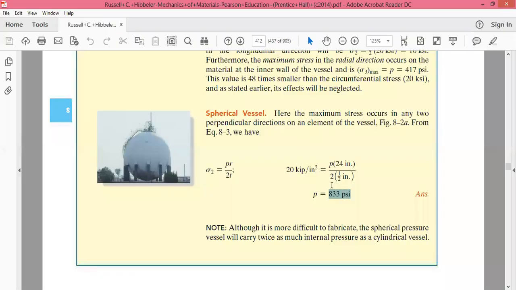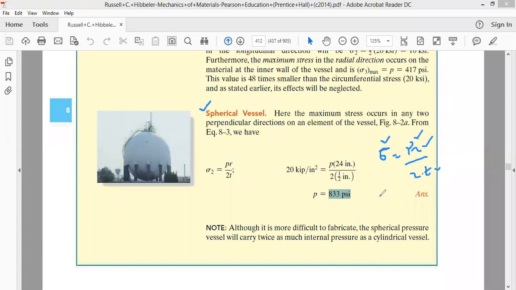The second portion is that we have to find the pressure that a spherical pressure vessel can withstand. We know in a spherical pressure vessel, the stress generated is equal to PR by 2T. We know the value of sigma, 20 ksi, we know r and t, so we can find the value of p.